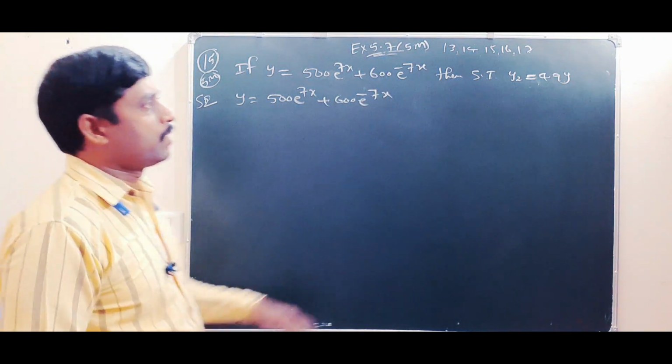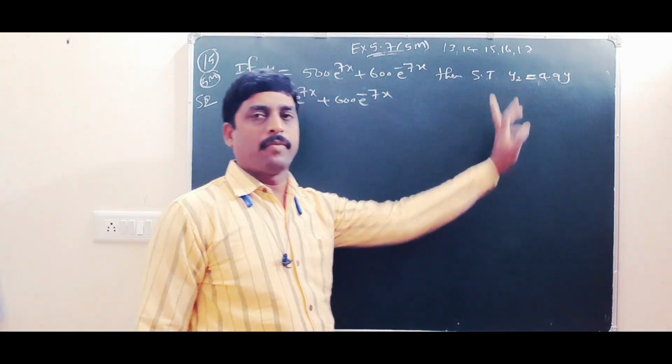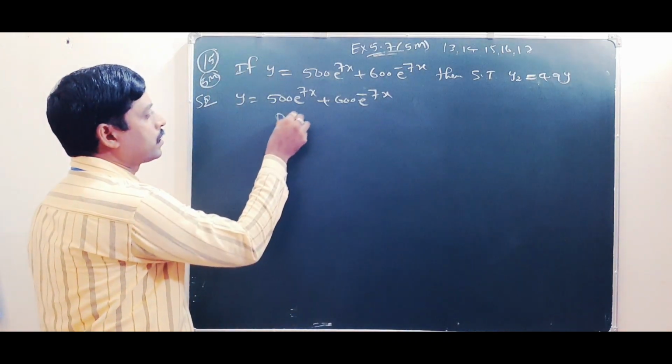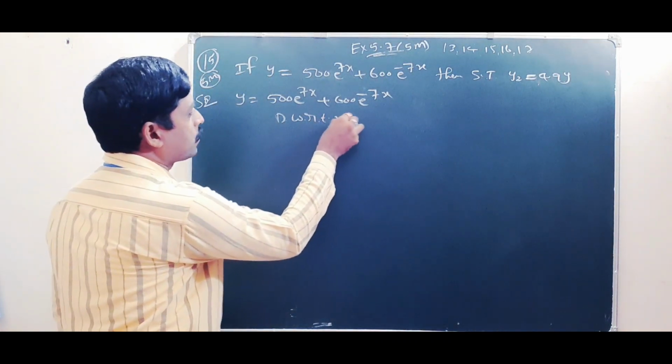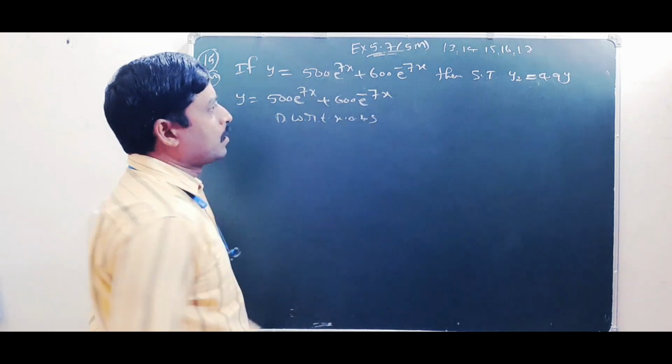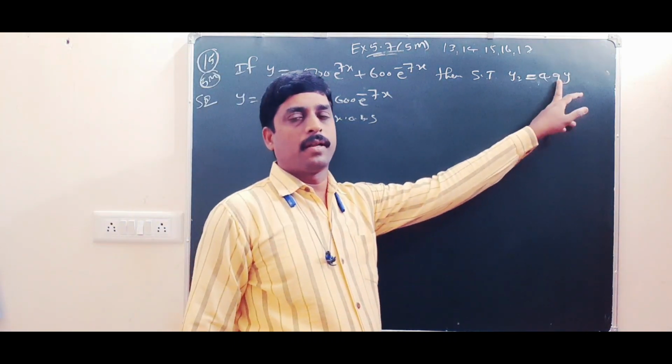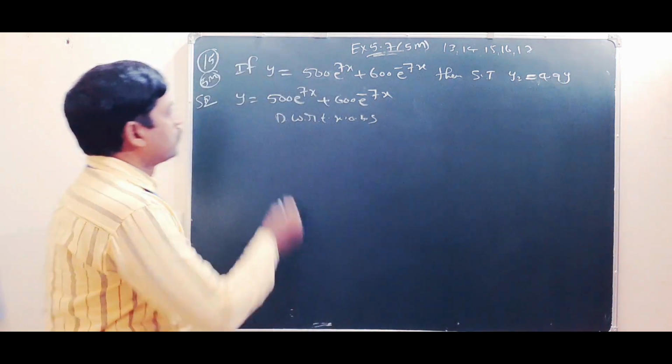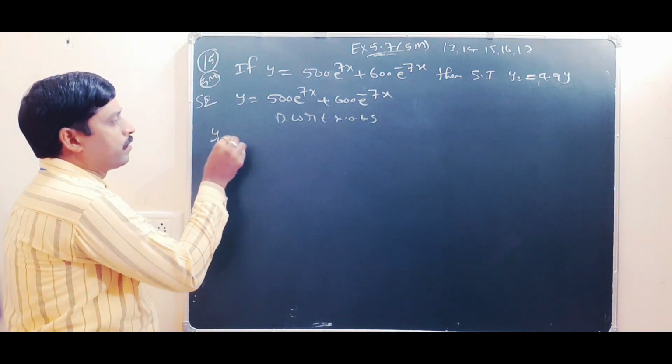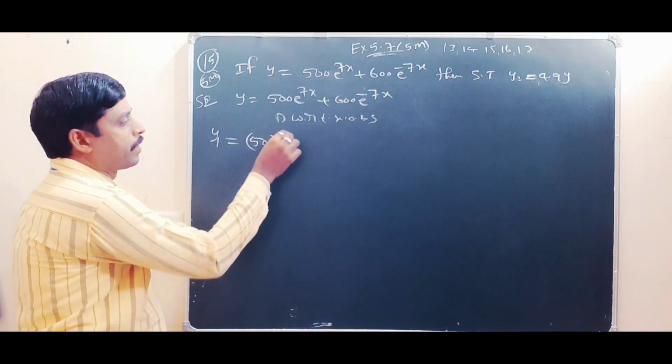First we have to find y1 and y2. So, differentiation with respect to x on both sides. What is our target? y2 is equal to 49y. Differentiation of y gives y1, 500 constant.